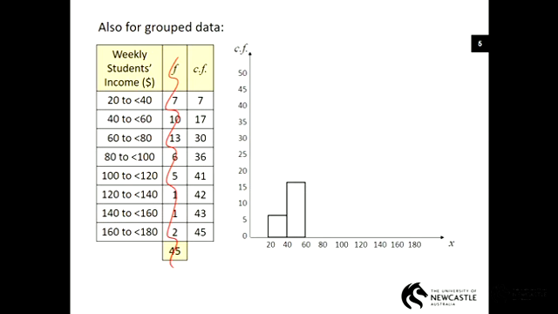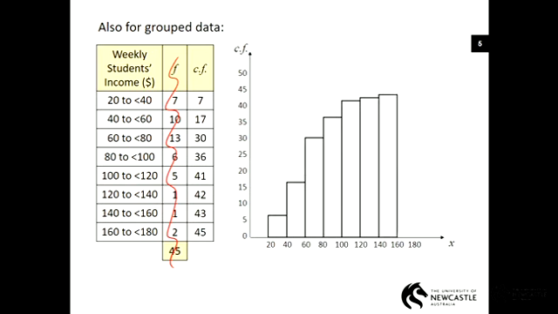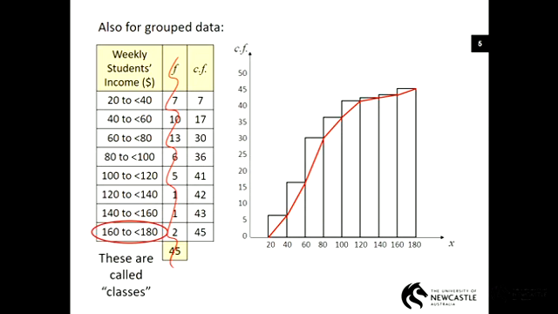I use the F to make the CF, but I'm doing a cumulative frequency graph. Then to 30, then to 36, 41, 42, 43, 45. There's my cumulative frequency histogram. And then to do the ogive, I just connect corners from the very bottom left to the top right. So cumulative frequency histogram and ogive. Now, they're their classes. They were different classes.